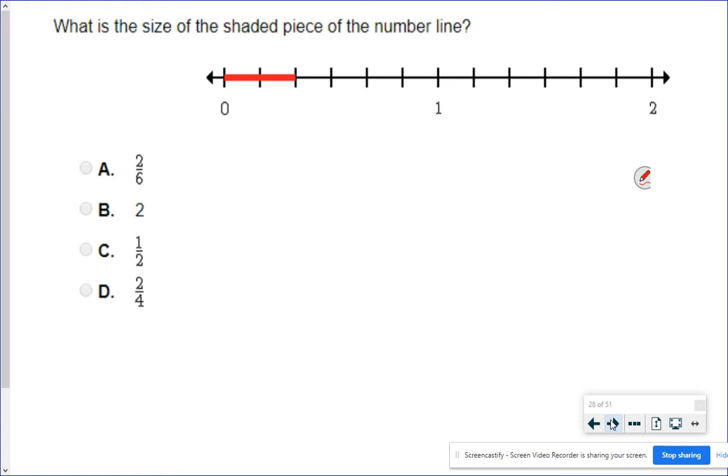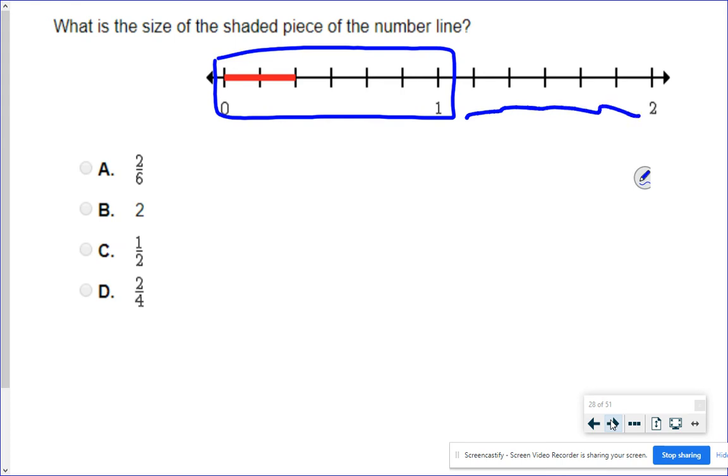What is the size of the shaded piece of the number line? Well, let's see how many parts from just 0 to 1 is all we're looking at. You might see number lines that have other parts right here. We don't need to look at that right now. Let's just focus on what it's broken up into in that one whole from 0 to 1. 1, 2, 3, 4, 5, 6. It's been broken up into 6.